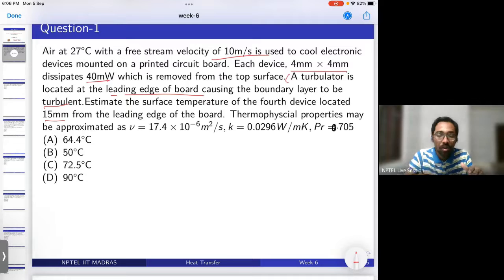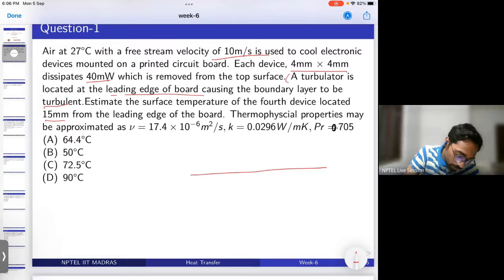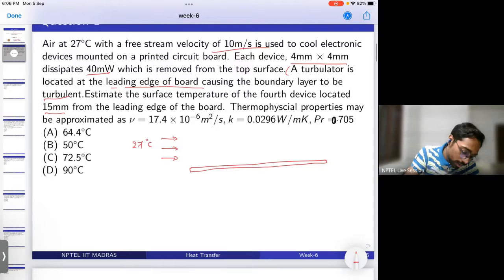So if we draw the schematic, we have a flat plate. Air is coming at 27 degrees Celsius, and that too at 10 meters per second. And this is a printed circuit board on which the devices are mounted, like this.